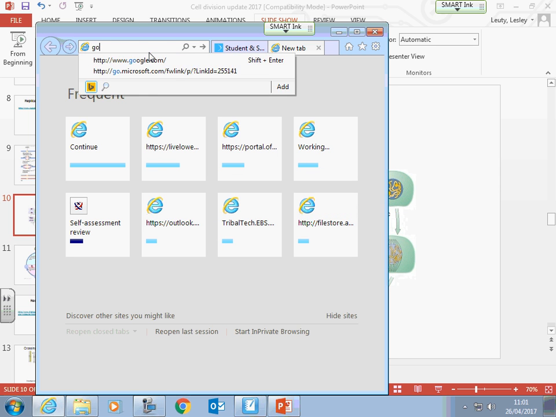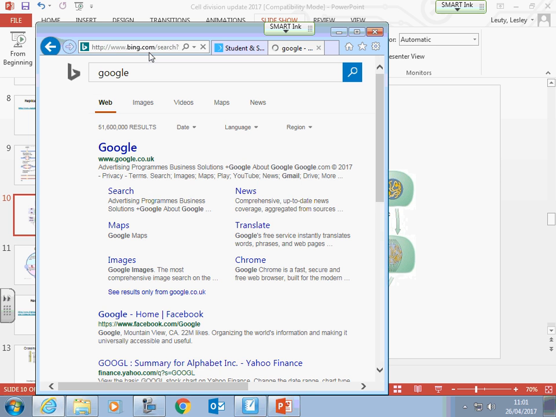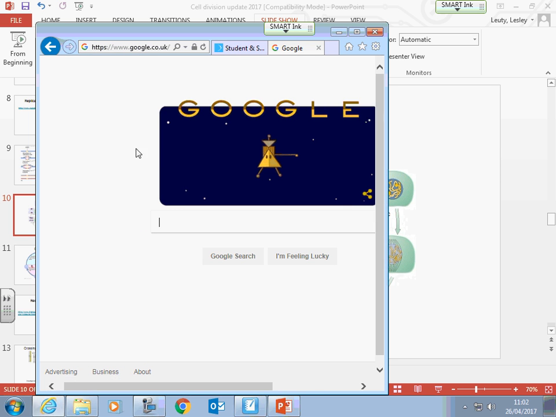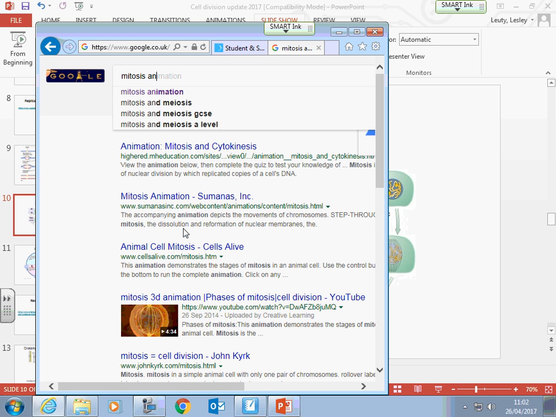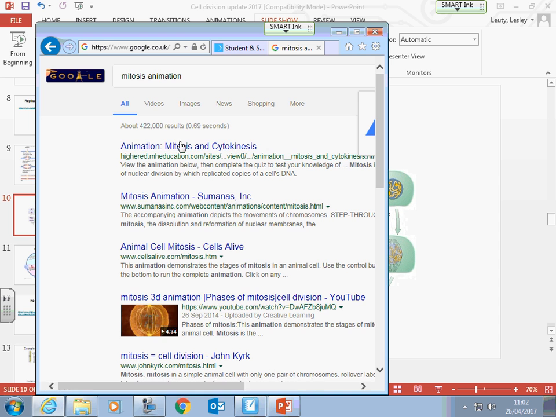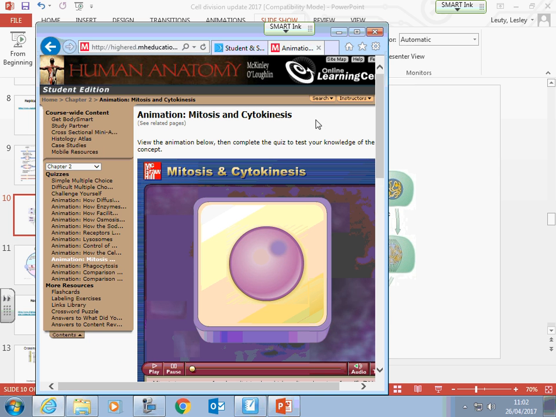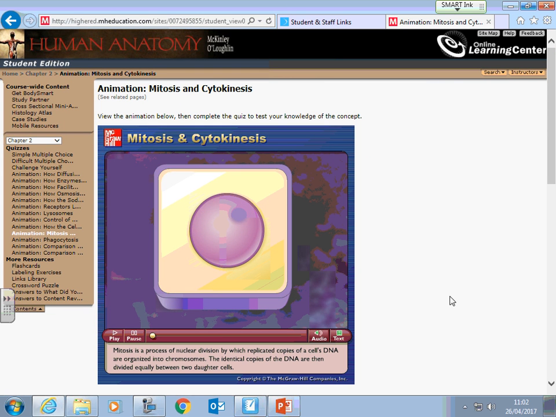Sorry, I can't use Bing. Let's go do it this way. Literally just type in mitosis animation. You'll find loads of them, and the top one there is the McGraw-Hill one. We've seen these sort of things before, and I know the accent is a bit strong on it, but let's just give it a go.